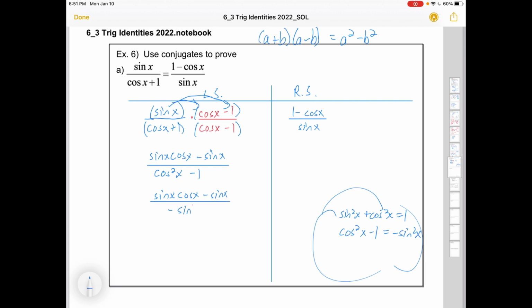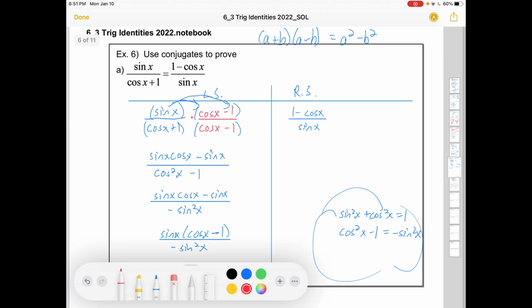If I want to simplify any further, I'm going to have to factor. So on top, sine x is a common factor. I can take it out. Negative sine squared x. And now I've got stuff that I can divide out.